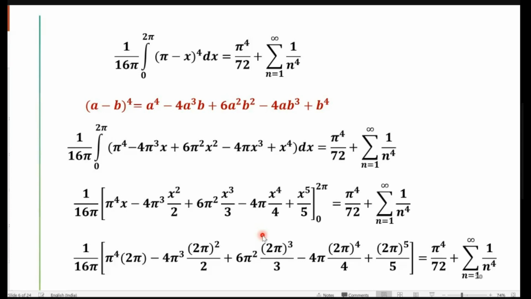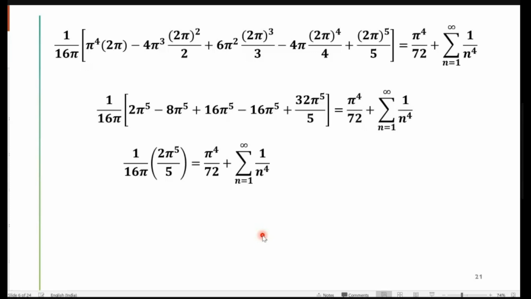Simplifying the terms on the left hand side, everywhere you will get again pi raised to 5. Simplifying, we will get pi raised to 4 upon 40 is equal to pi raised to 4 upon 72 plus the summation. Subtract it, or take this term to the left hand side and calculate summation of 1 upon n raised to 4.